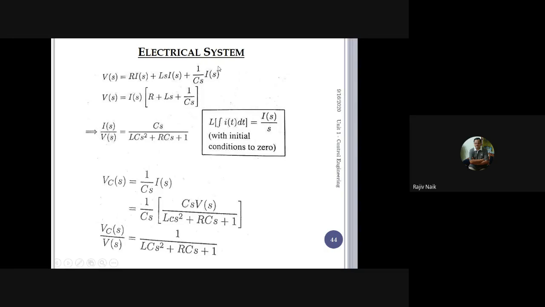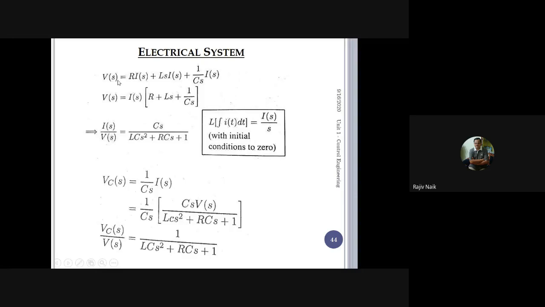When integration is there, divide by S. Differentiation is multiplied by S. Double integration is divided by S square, and double differentiation is multiplied by S square. So the same equation is represented after taking the Laplace transform, assuming initial conditions 0.